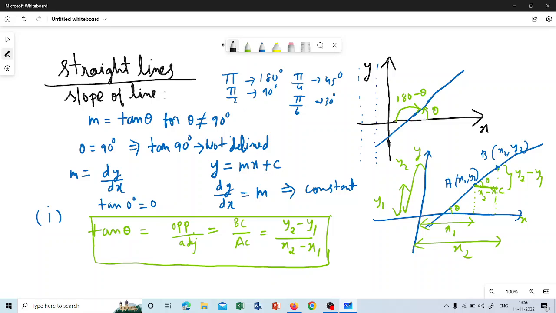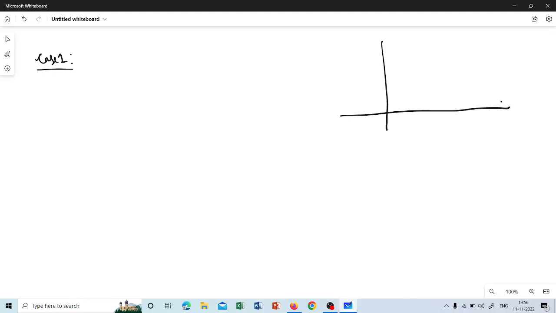If I want to deal with two different straight lines, I will consider two cases. Case 1: when the straight lines are parallel to each other, I will take a system of two straight lines.